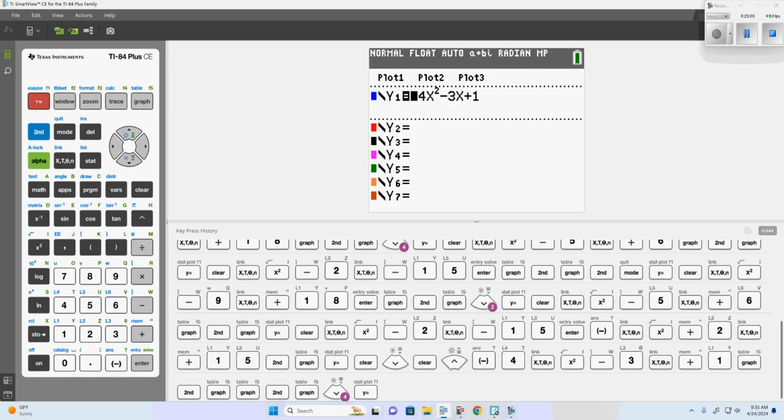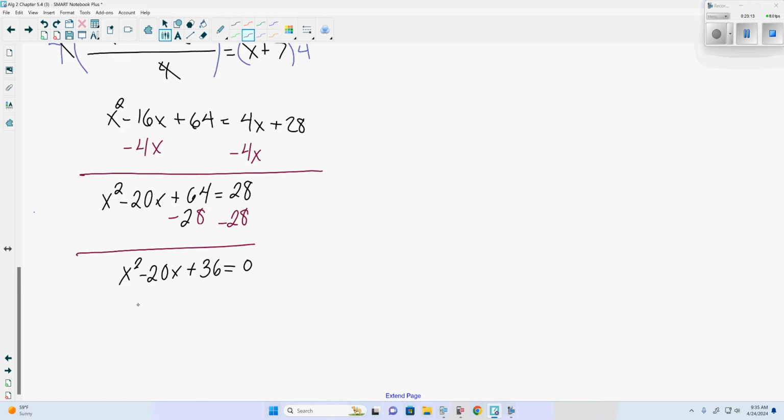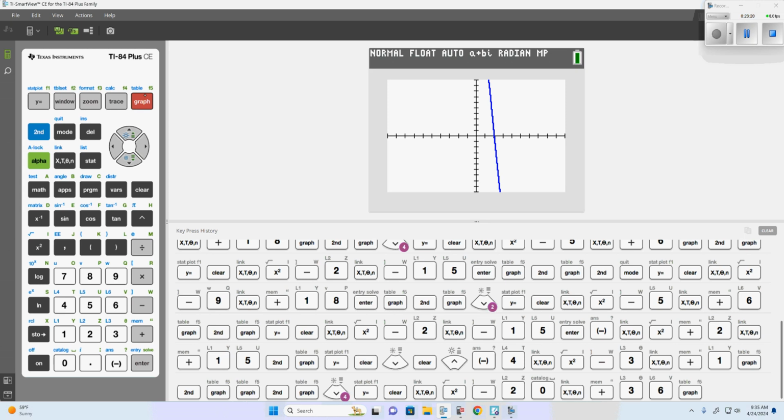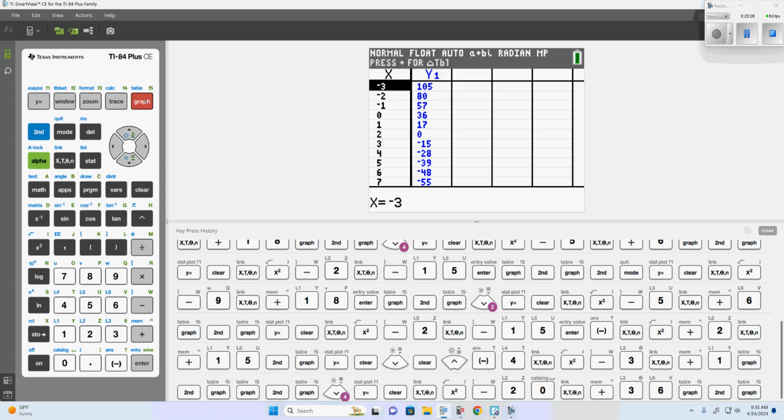We can factor it, yes. Or graph it. So we do have one point here, yes? There's a second one, but we have to go find it.